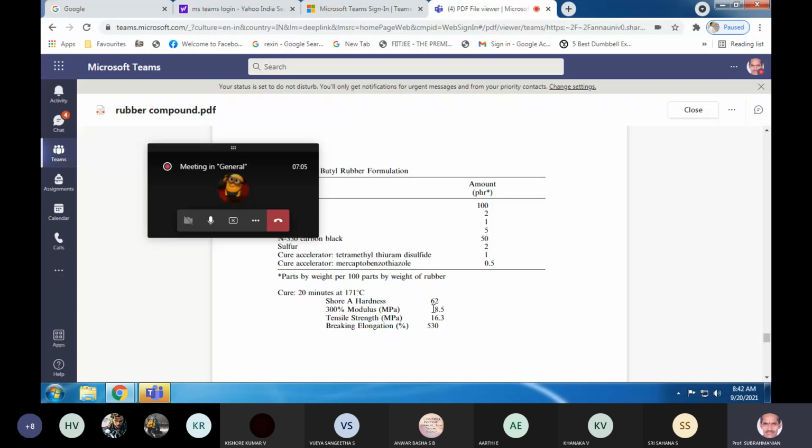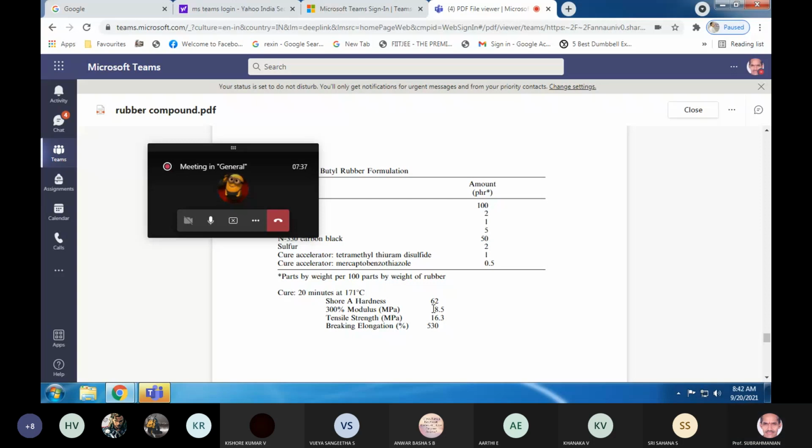And usually it is formulated with the filler and process oil. And the process oil, otherwise we call it a flexibilizer, because beyond a certain level, it qualifies as a plasticizer. So the plasticizer for butyl rubber is naphthenic.